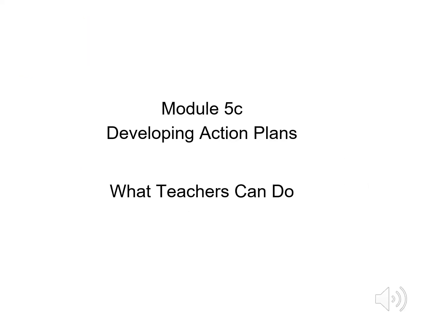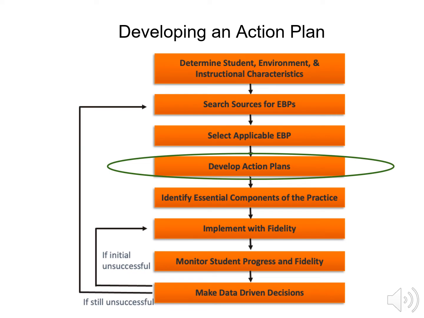In Module 5C, we will describe what teachers can do in terms of developing action plans. After teachers identified an applicable evidence-based practice, the teachers will develop action plans to implement the evidence-based practice.